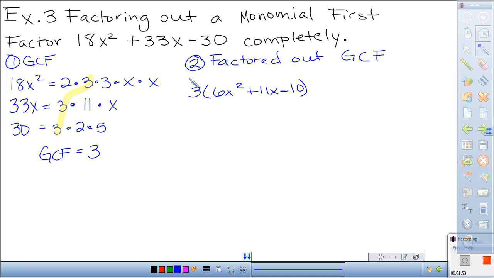So there it is. We factored out the GCF, but now we can still factor 6x squared plus 11x minus 10 with the same method we've been using in example 1 and example 2. So I have 3 times, and now I'm going to spread this out, 6x squared plus 11x minus 10, and we're going to FOIL, outer plus inner, just like we've been doing in all our other examples.